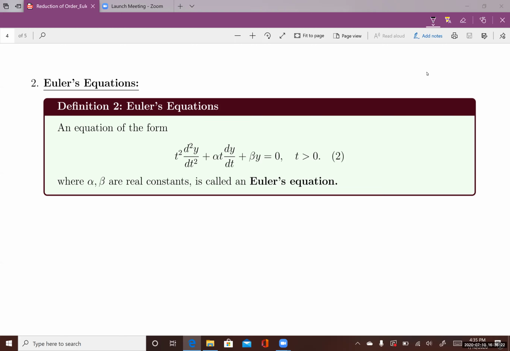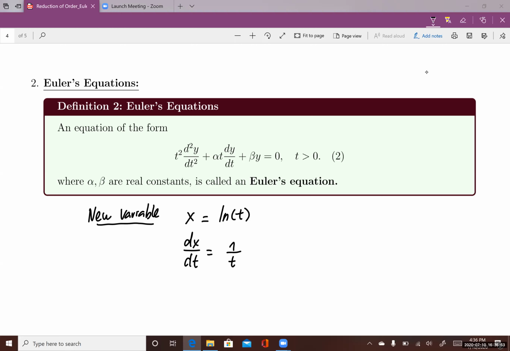The first thing I want to do is introduce a new variable. I say x equals the natural log of t. So if x equals the natural log of t, then we know that dx dt is 1 over t, right?